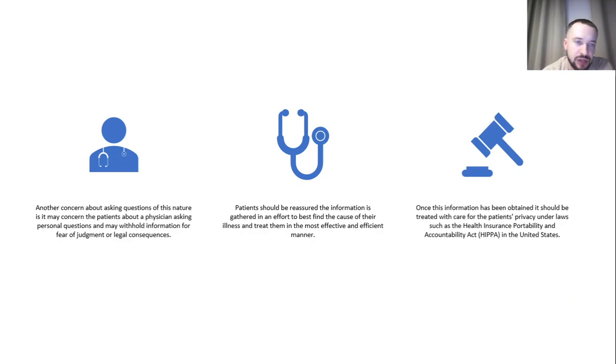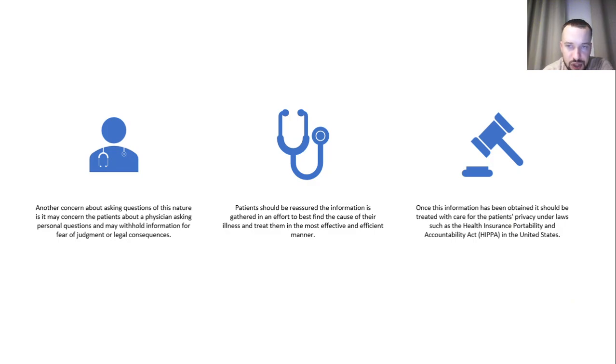Another concern about asking questions of this nature is it may concern the patients about the physician asking personal questions, and they may withhold information for fear of judgment or legal consequences. Patients should be reassured the information is gathered in an effort to best find the cause of their illness and treat them in the most effective and efficient manner.